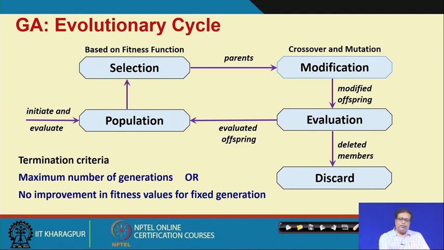selected. Then the parents who are selected go through a process of modification, sometimes called recombination, of crossover and mutation.